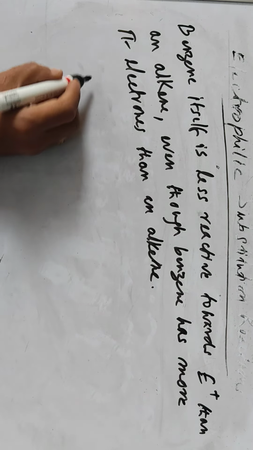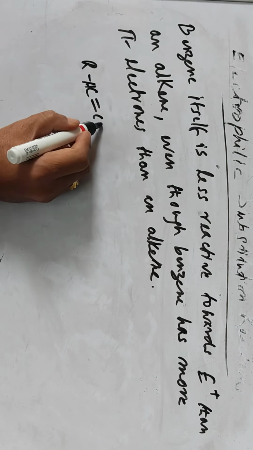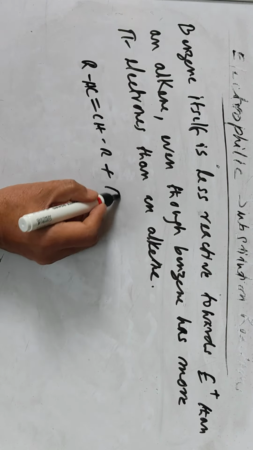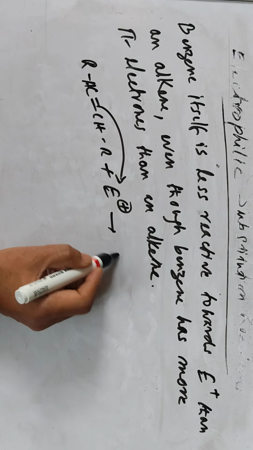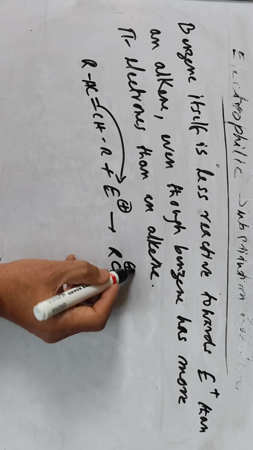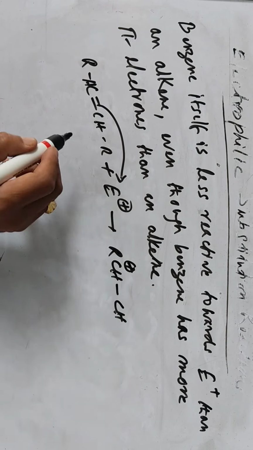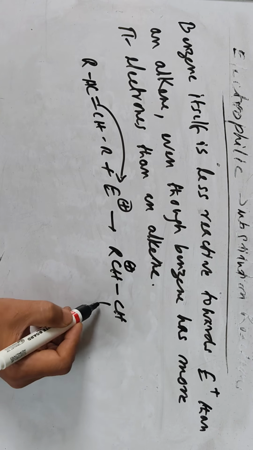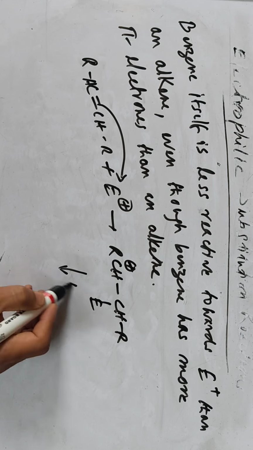So for example, in the case of alkene, R CH CH R, the electrons attack like this, an electrophilic attack. So it first gives a carbocation, then again a nucleophile attacks.